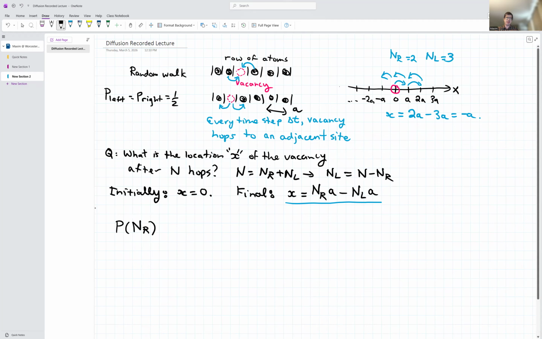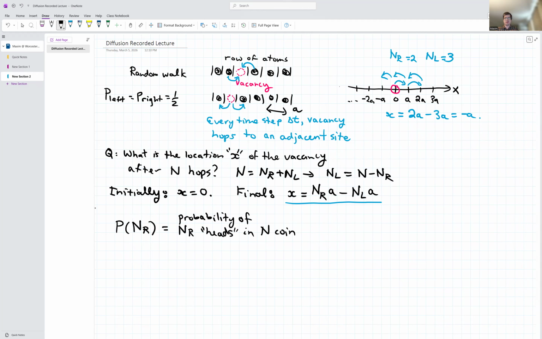So this probability is equal to the probability of n sub r heads in n coin flips. Now, maybe you have seen this in a math class or something like that, how to calculate this probability.